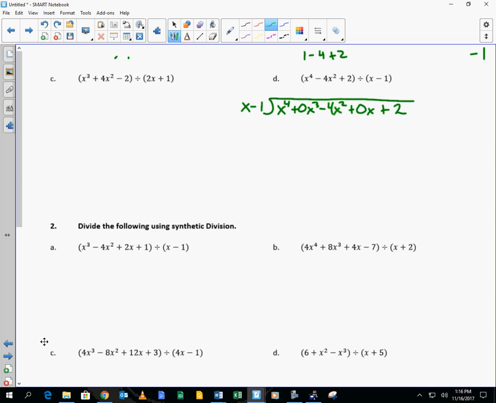And get started. What do I got? x to the fourth minus x cubed. Obviously, the x to the fourths go away. That's what we were trying to accomplish. And 0x cubed minus a negative x cubed, positive x cubed minus 4x squared.